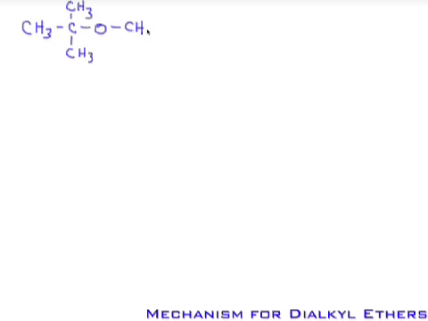And step one in acid is the production of a good leaving group. You see, if the tert-butyl group went SN1 and kicked out OCH3 to give you a carbocation, you'd be getting OCH3 minus, a powerful base, a bad leaving group. If you got backside attack on the methyl, SN2, kicking out tert-butoxide, that would be O minus, a bad leaving group. We must protonate first. HI will protonate to make a better leaving group.